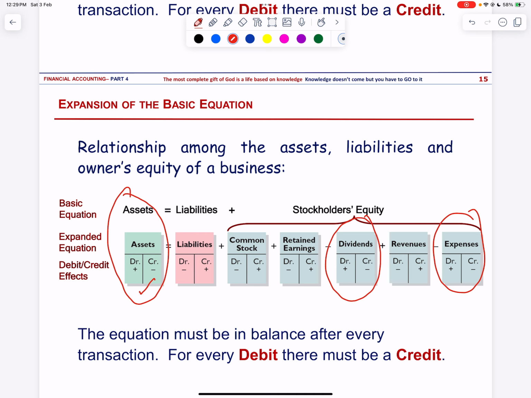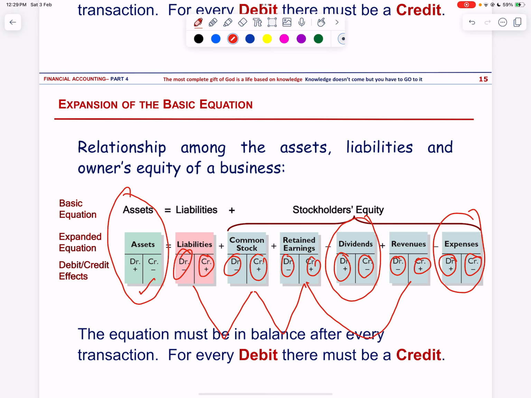If dividend and expense are increasing, they are debit, and if they are decreasing, they are credit. The rule for liabilities, common stock and revenue are the same. That is, they are credit if they are increasing and debit if they are decreasing.